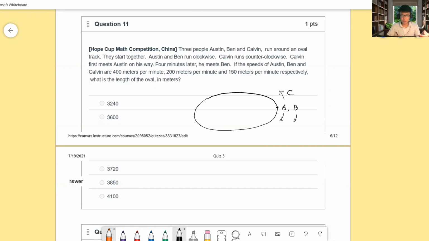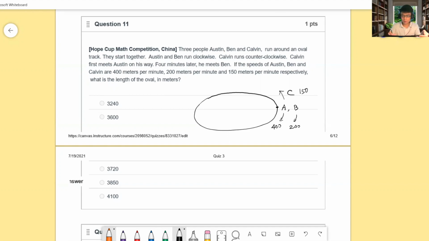Now we know their speeds. Austin is 400 meters per minute, and Ben is 200 meters per minute. C is 150.